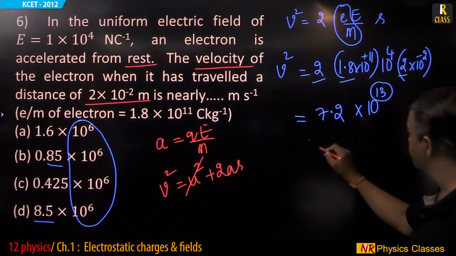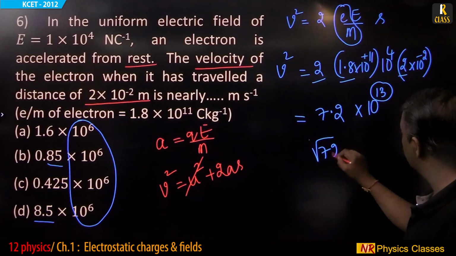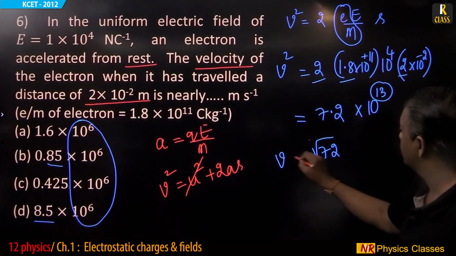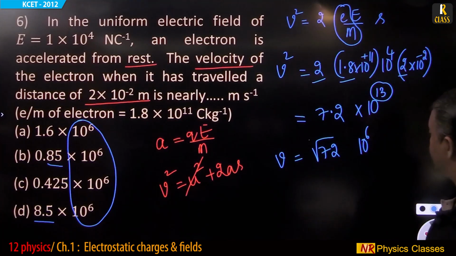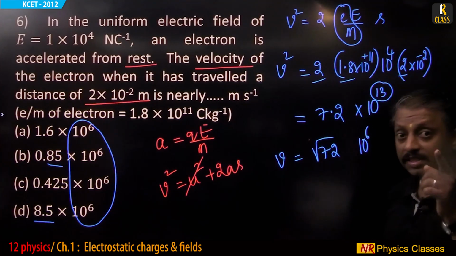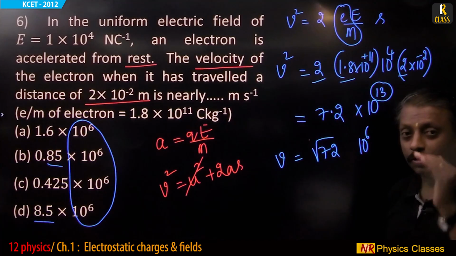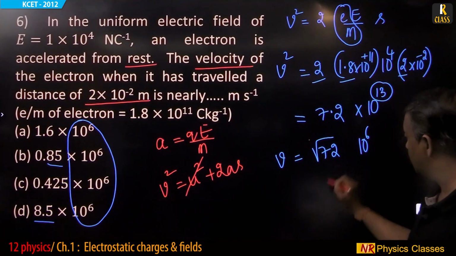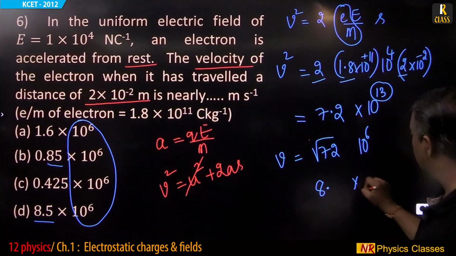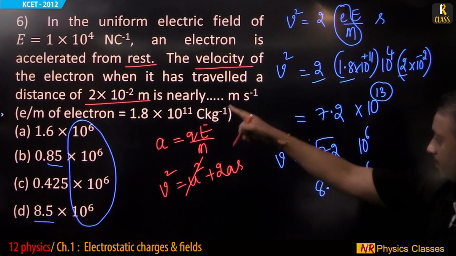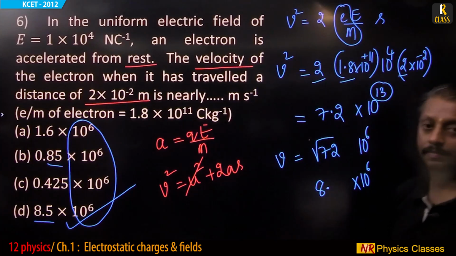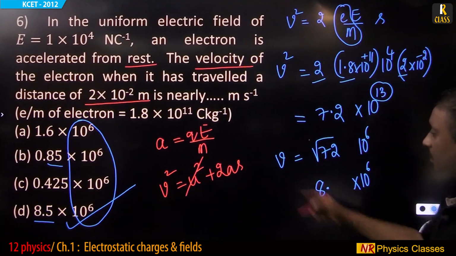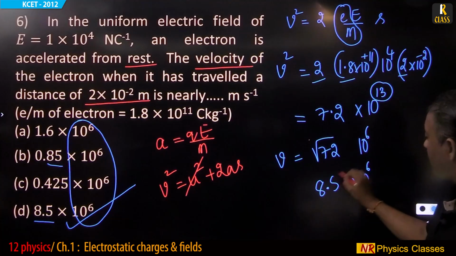Root of 72, because we want velocity, root of this is 10 to the power of 6. 8 square is 64, a little more than 8. So 8 point something into 10 to the power of 6. Fourth option. So it is given 8.5, so it should be 8.5.